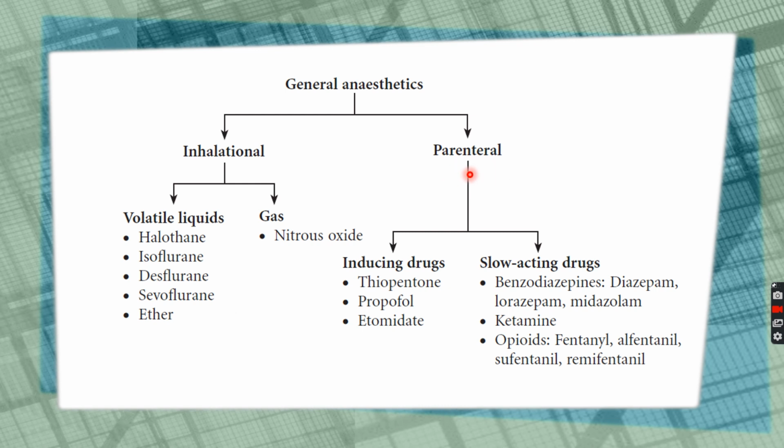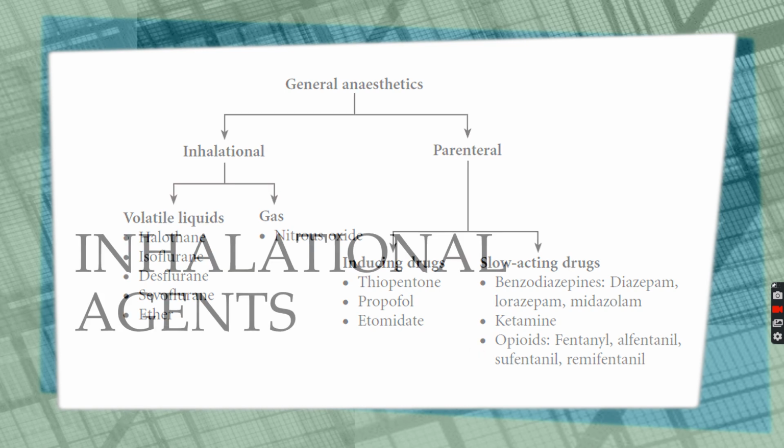Amongst the parenterally administered compounds, you have inducing agents given to start the anesthesia like thiopentone, propofol and etomidate because they are rapidly acting drugs. And you have slow acting drugs like benzodiazepines like diazepam, lorazepam, ketamine and opioids like fentanyl, alfentanil, sufentanil, and remifentanil.